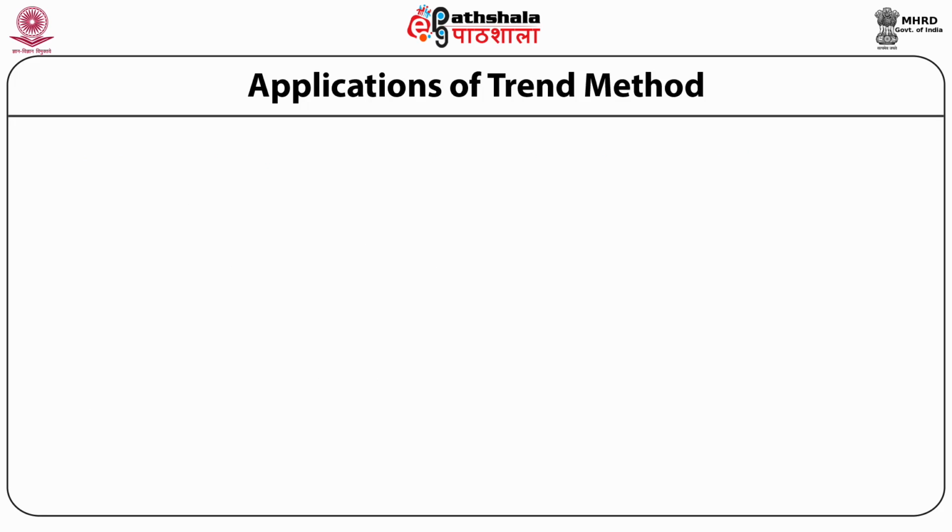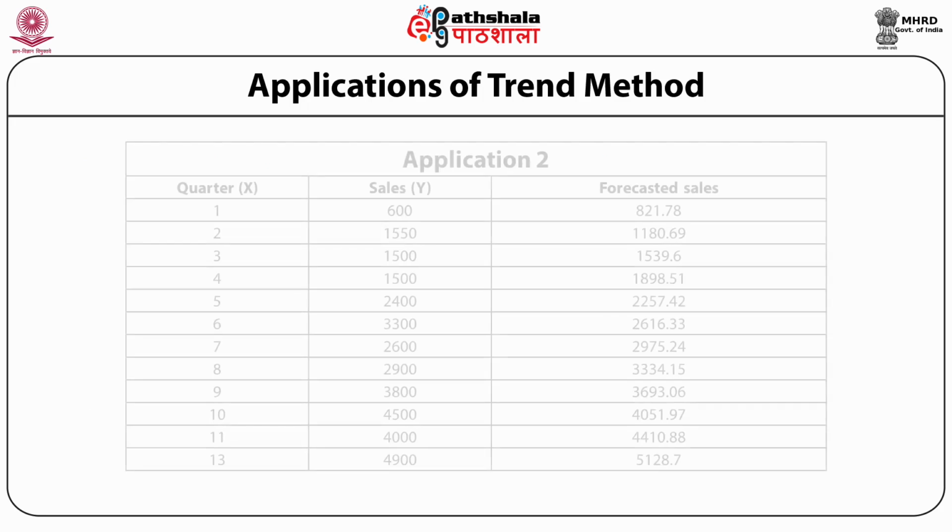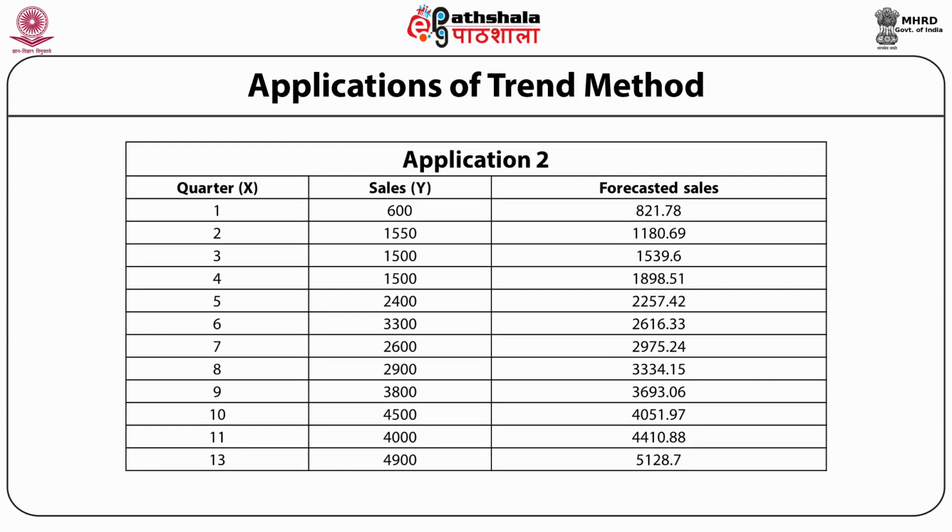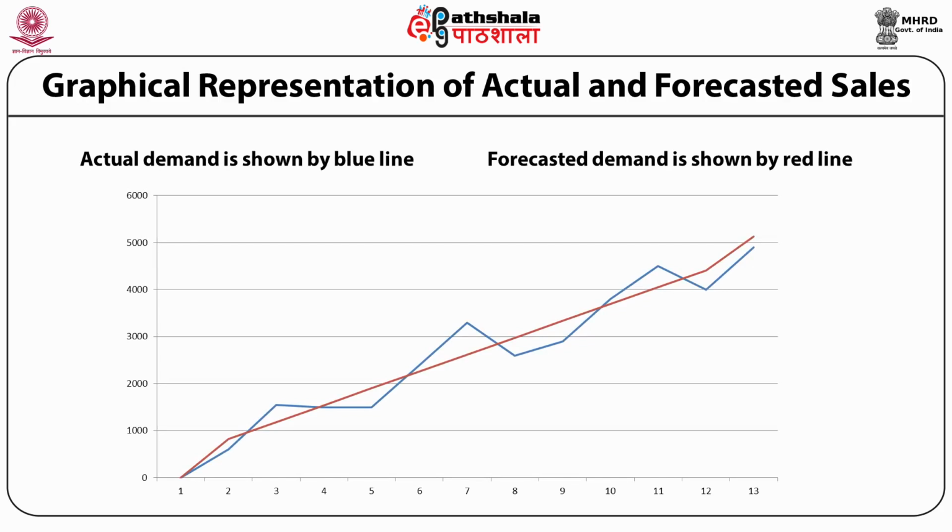The purpose of this slide is to illustrate application 2, which is the comparison of actual sales and forecasted sales. The comparison has been explained in a graphical form. This graph indicates two lines.